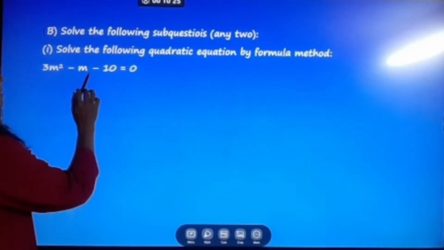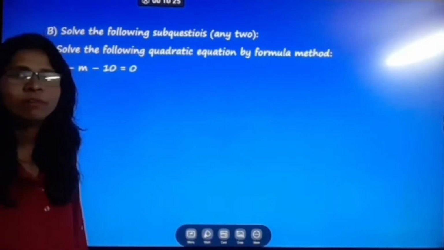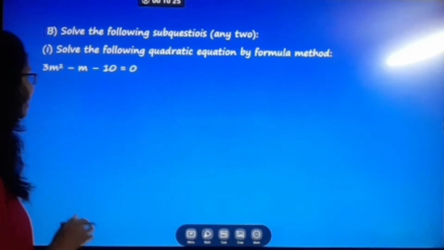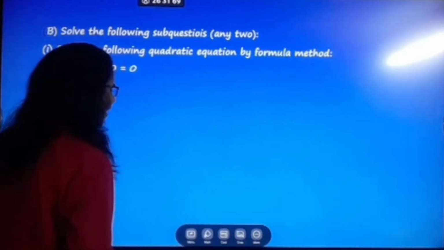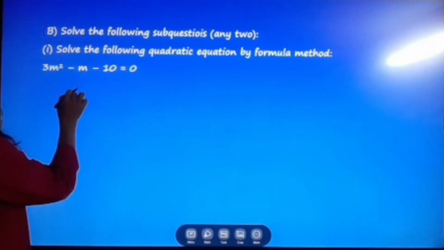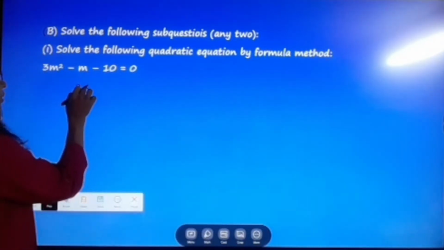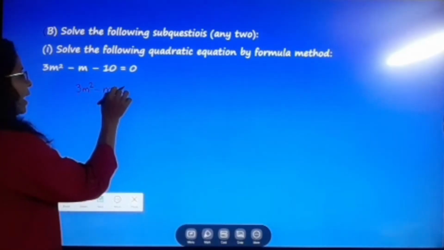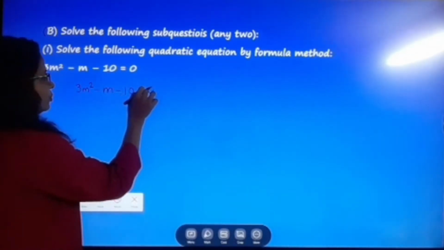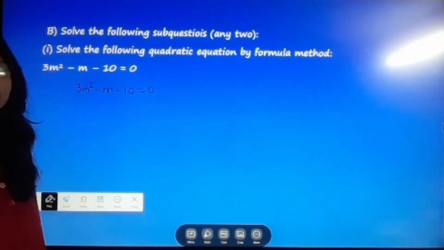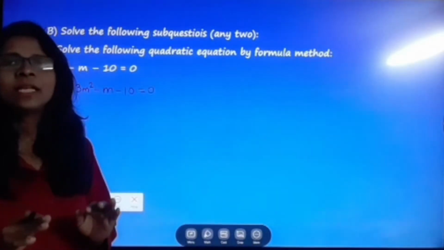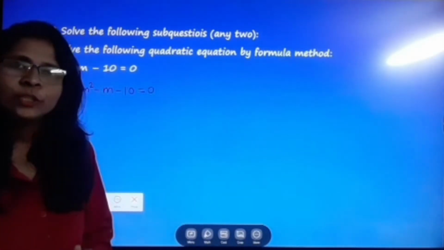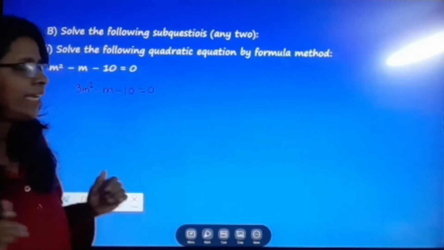3m square minus m minus 10 is equal to 0. So here, student, first I write down the quadratic equation 3m square minus m minus 10 is equal to 0. Okay, and then I compare this equation with the general form of the quadratic equation.